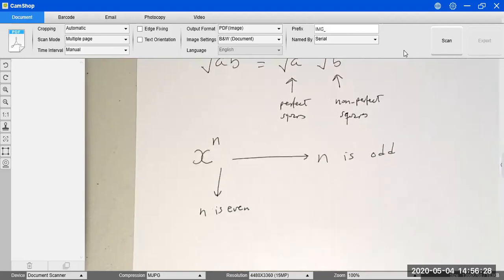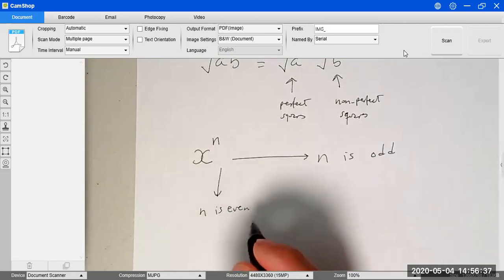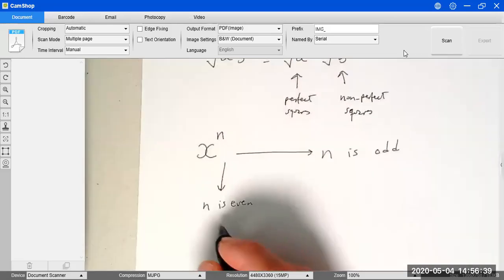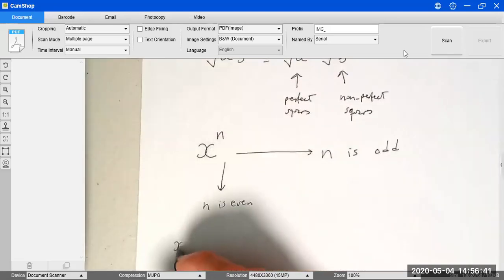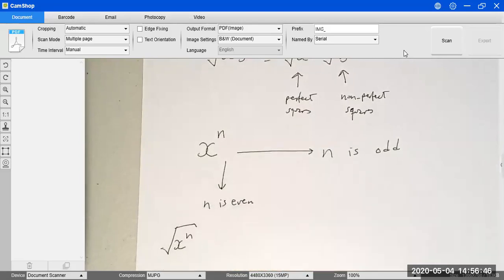So I'm going to show you how to rewrite a variable as a perfect square when the exponent is even. So when the exponent is even, let's say that you are taking the square root of x to the n.